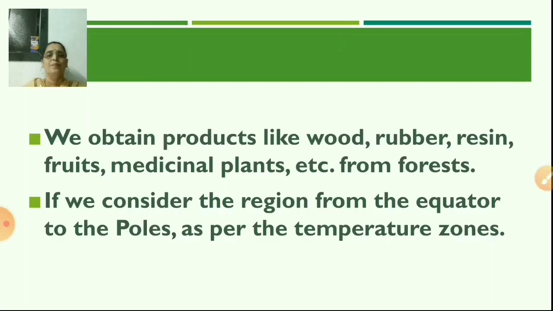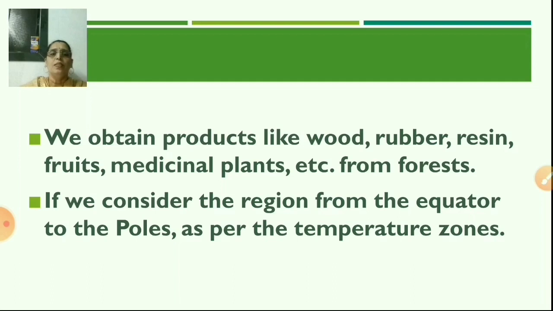Okay. Next point, we obtain products like wood, rubber, resin, fruits, medicinal plants, etc. from forest. If we consider the region from the equator to the poles as per the temperature zones.